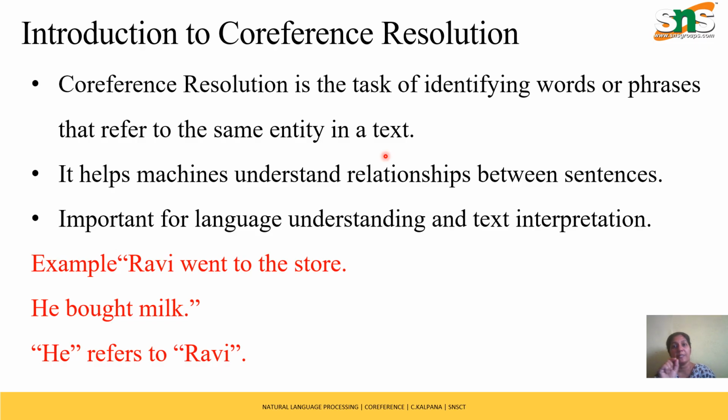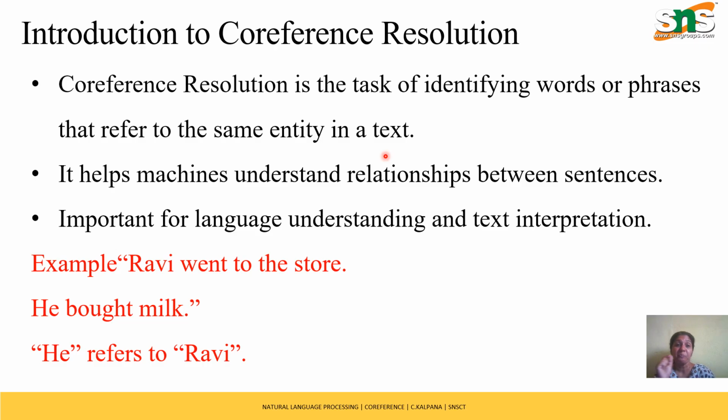In the first sentence we refer to Radha as a good girl, and in the second sentence we refer to her as she. He, she, it are pronouns. Instead of the proper noun, we use the pronoun.